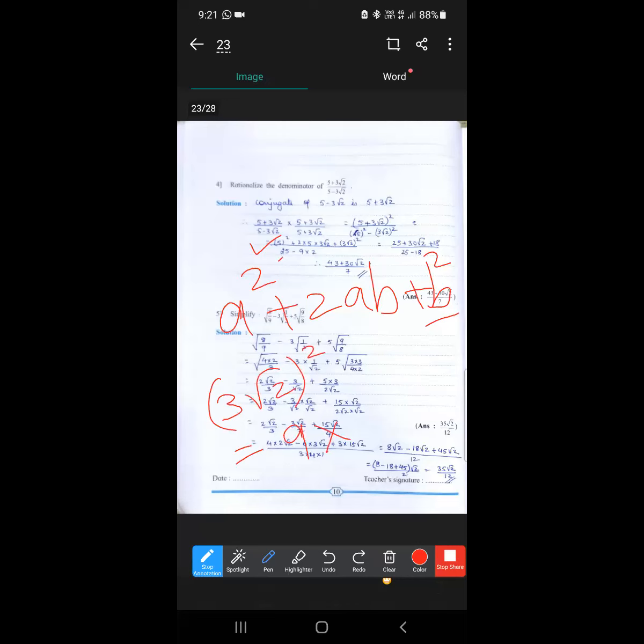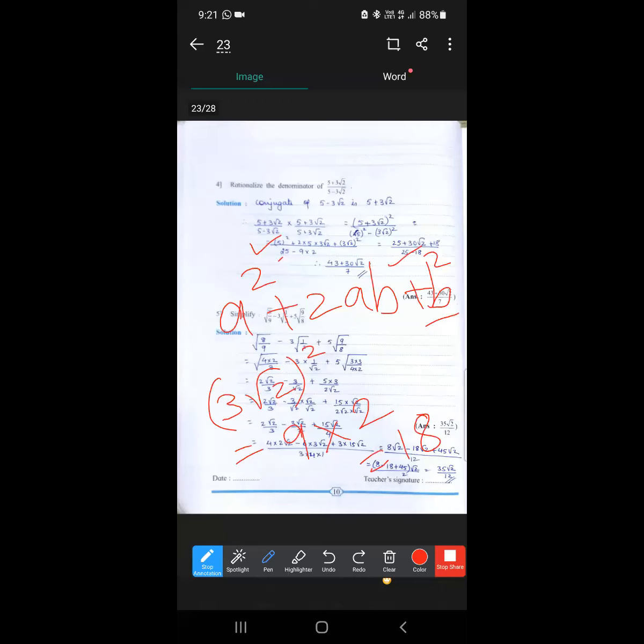Yesterday I told you that any number which is there in the root, when we take the square, it becomes a whole number. So root 2 into root 2, it will be what? 2. That is the square of root 2, it will be 2. So 9 into 2 is what? 18. So here you can see 25 minus 18.